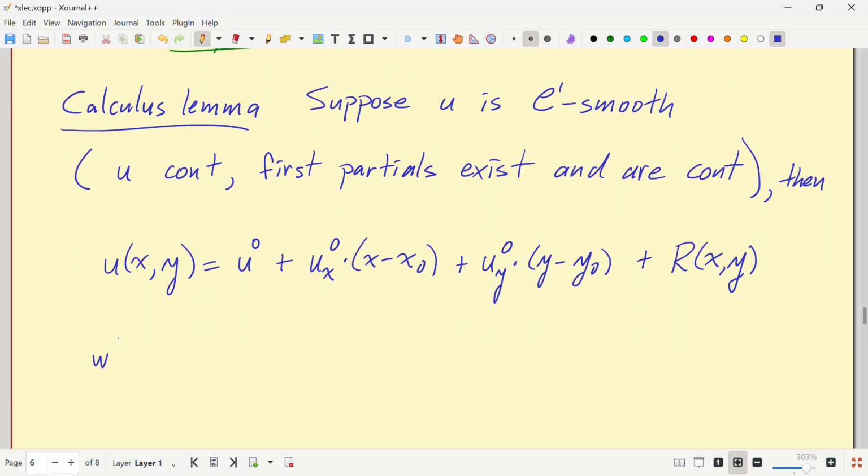And we need it to go to 0, but we need it to go to 0 pretty fast.